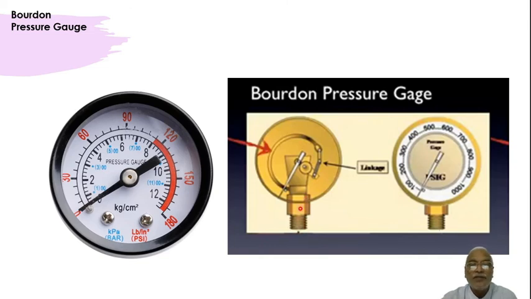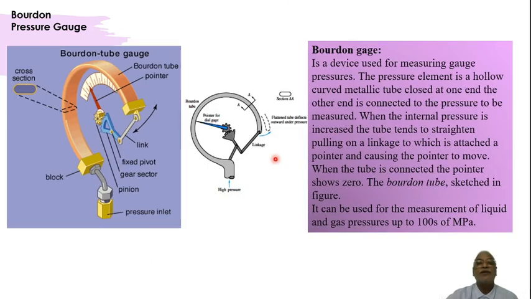Now this has another pipe which is going that way, right? This itself is called the Bourdon pipe. Now when the pressure is more, this pipe, which is a free pipe, tries to enlarge, and because of that it actuates the needle to move, right? We'll see this in detail in the next slide.